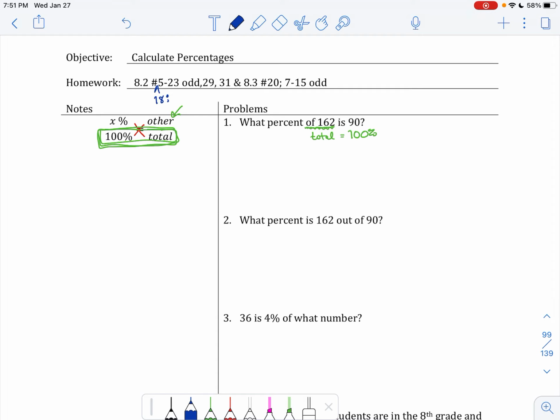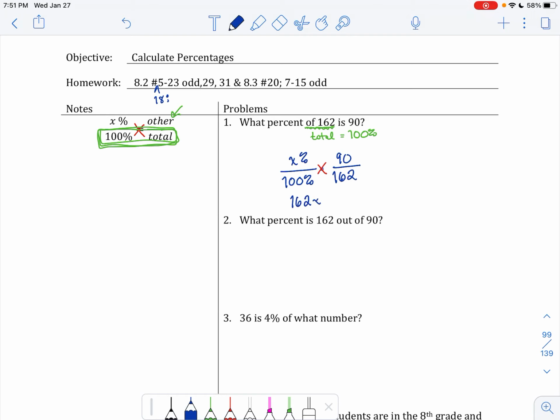So in this case, if I'm going to use this proportion to solve, I'm going to say, all right, what percent, so that's my unknown, out of 100, because everything's always out of 100%, is equal to 90 out of 162. Now you can cross multiply, you can solve whichever one you want first. I'm going to cross multiply here.